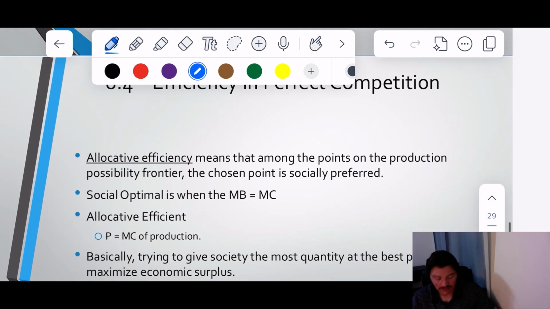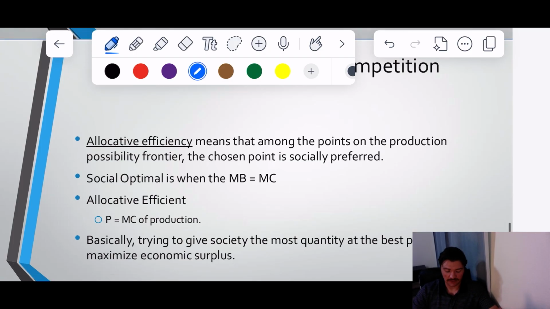Now, the other type of efficiency we have is called allocative. This is how well your firm is allocating for society. It means you're choosing the point on the production possibility curve that is socially preferred. So we're looking for the point where your marginal benefit is equal to marginal cost for society.